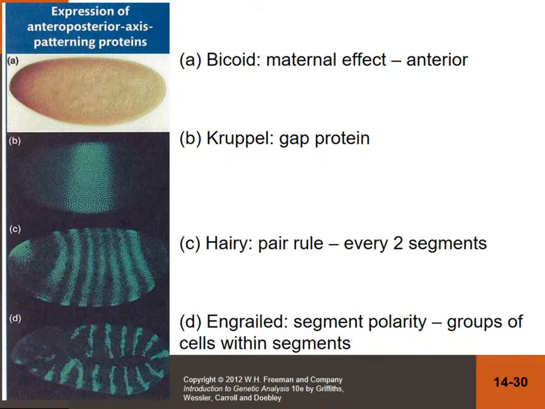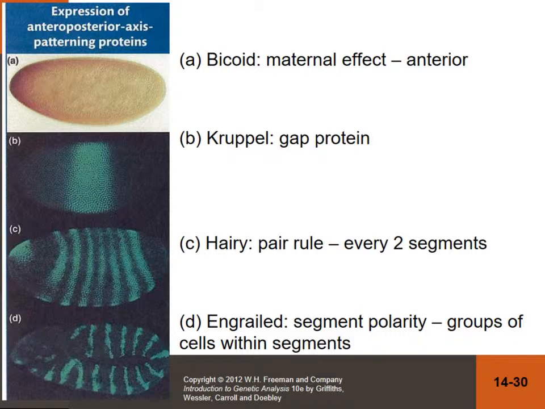In C, they're looking at the pair rule protein called hairy, and hairy is expressed in every second segment for a total of 7 stripes, which covers the 14 future body segments.